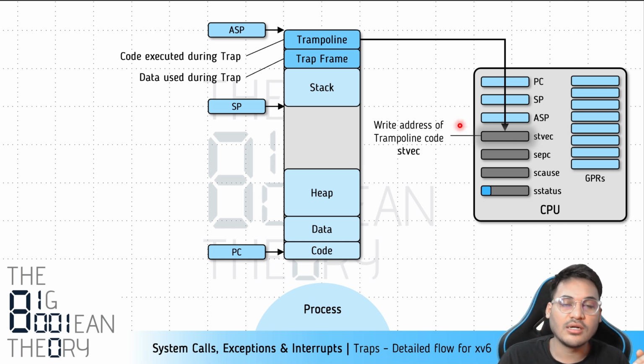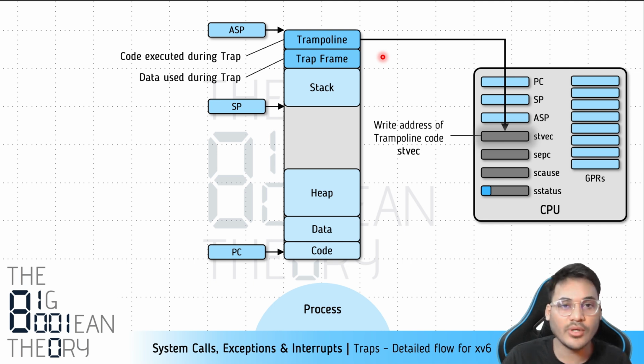When we say the kernel is registering the trap handler, we are saying that the kernel is writing the address of the code which handles the trap. In this case, this is the trampoline. A lot of code is executed when a trap happens, but the first part is the trampoline, right? In the sequence of code which is executed, the trampoline is the first piece of code executed whenever a trap occurs.